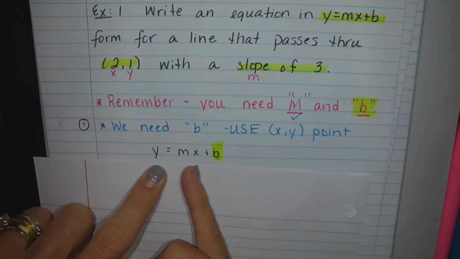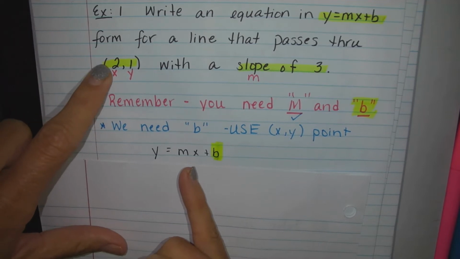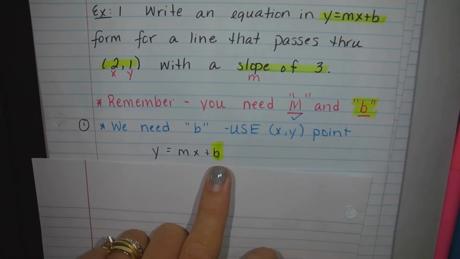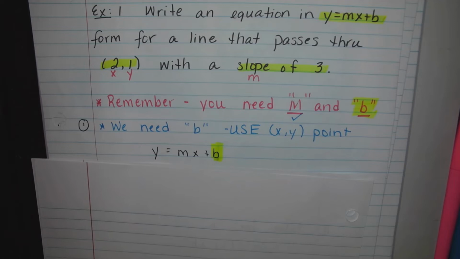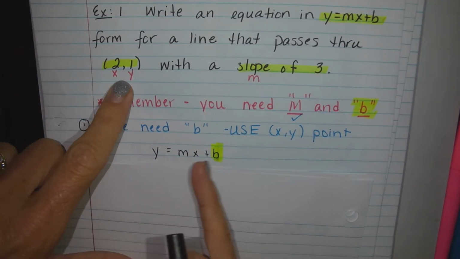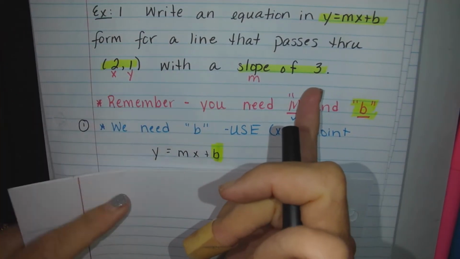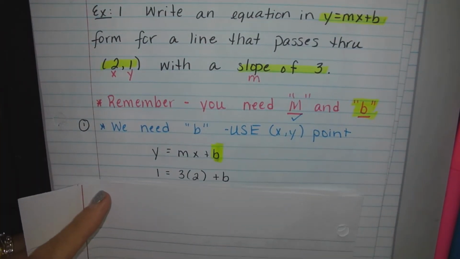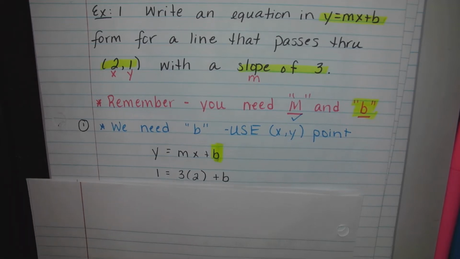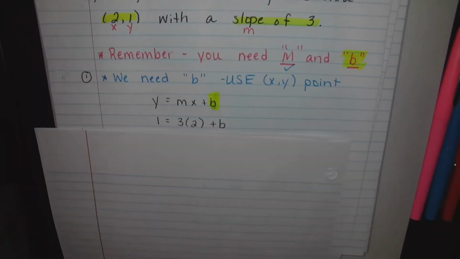And what is x? 2. And we're trying to find what? The whole point right now is to find b. Using our point, y is 1, slope is 3, x is 2. We are substituting to find b.